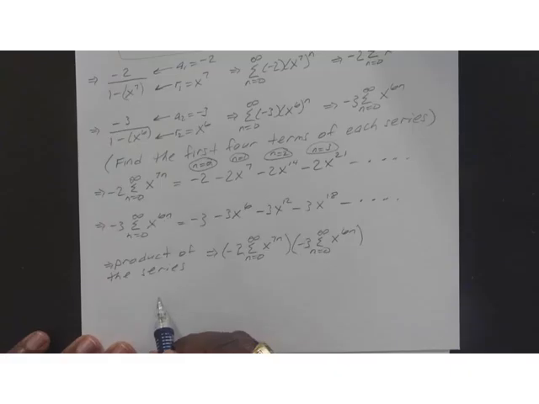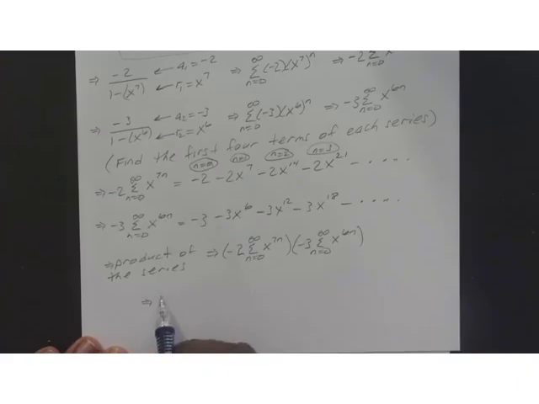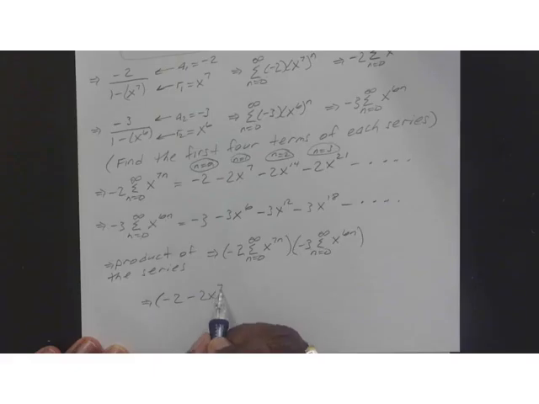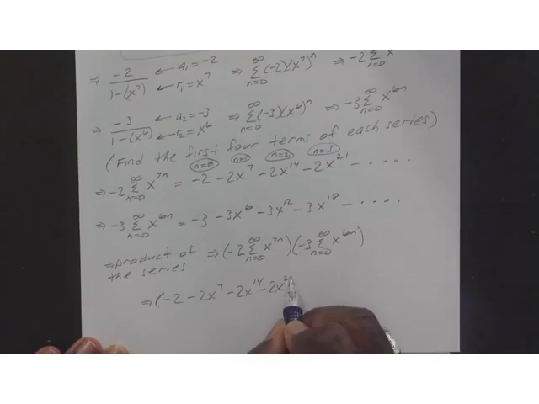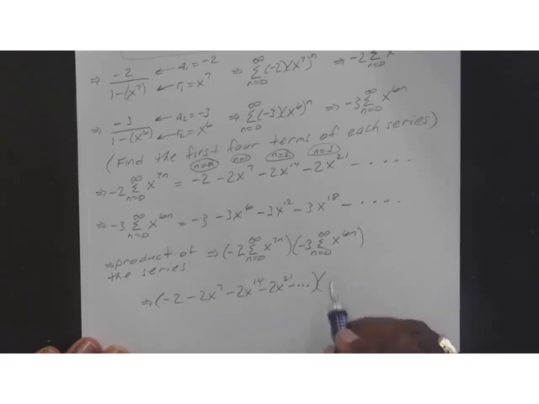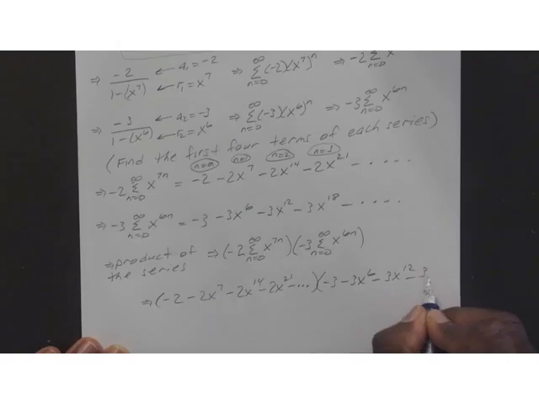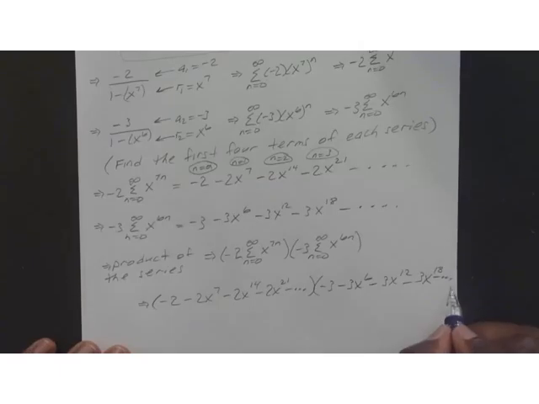Well, since we already have the first 4 terms of each, I'll just move the arrow down a little bit. That's just going to be -2 minus 2x to the 7th minus 2x to the 14th minus 2x to the 21st power, and it keeps on going, times those first 4 terms, -3 minus 3x to the 6th minus 3x to the 12th minus 3x to the 18th, and it keeps on going, but we are not concerned about those.